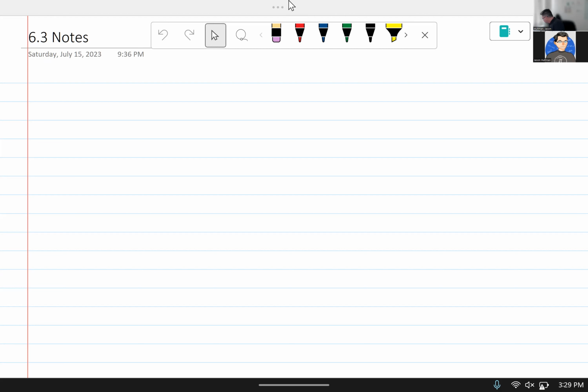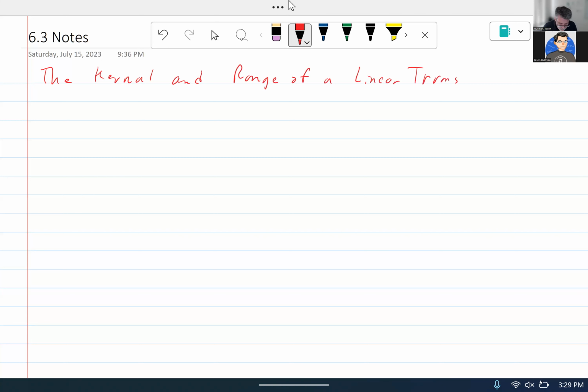Okay, 6.3 is on the kernel and range of a linear transformation.